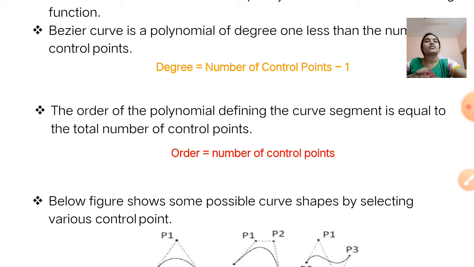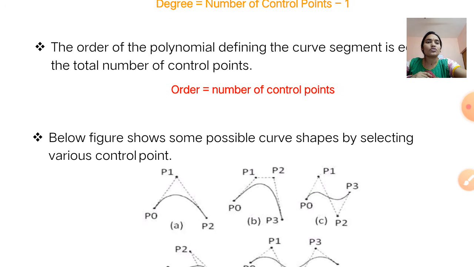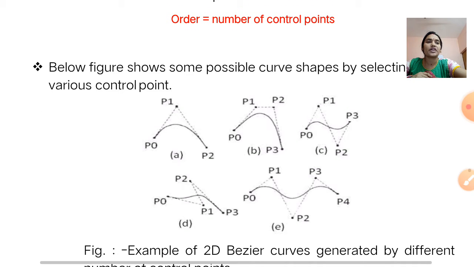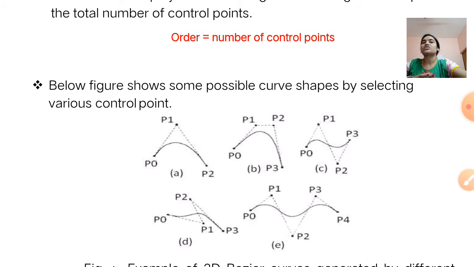Suppose there are 5 control points, then the order is 5. Below, the figure shows some possible curve shapes obtained by selecting various control points.